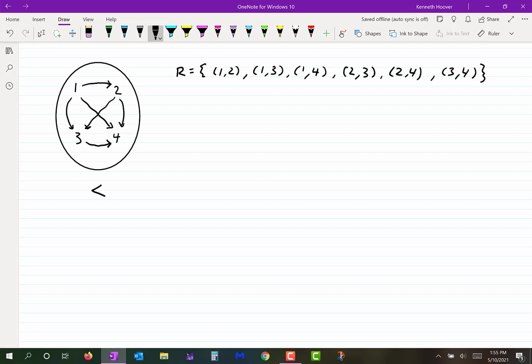I could make it reflexive by changing it to less than or equal to, and then that would add these 4 relationships, which means I would get 4 more ordered pairs.